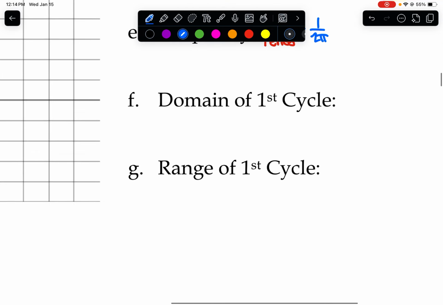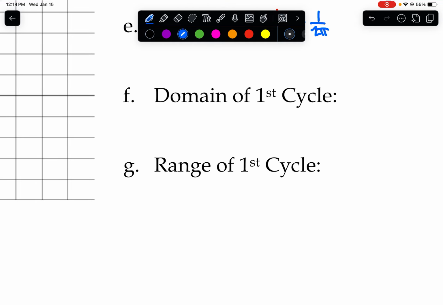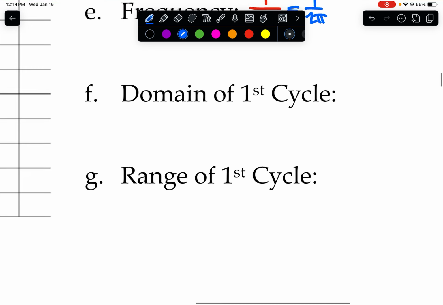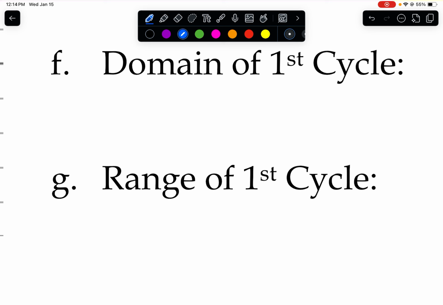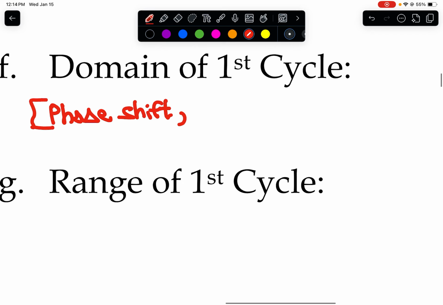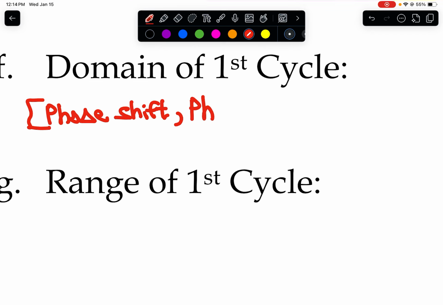All right, and then for the domain and the range, I'll show you the mathematical way to do it, and then we'll look at the graph and confirm. For the domain of the cycle, what I would recommend is your minimum value is going to be the phase shift, comma, and then the phase shift plus the period.